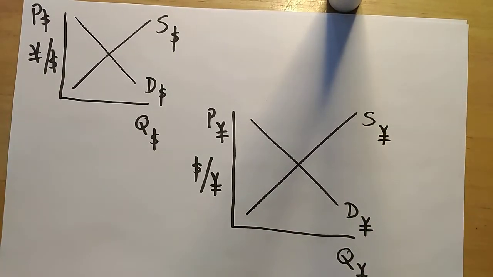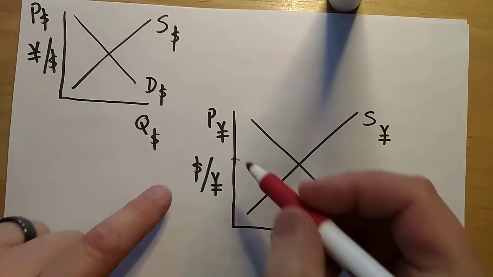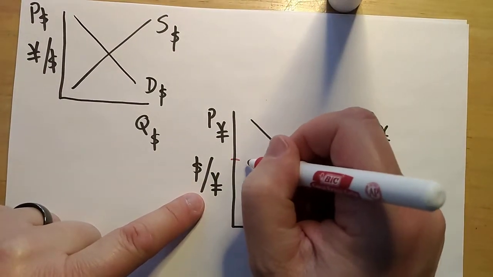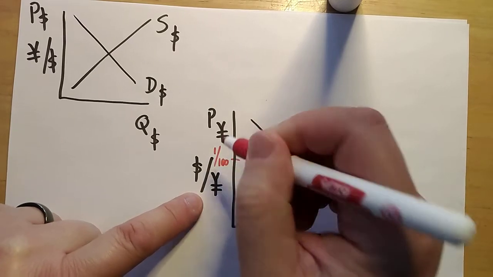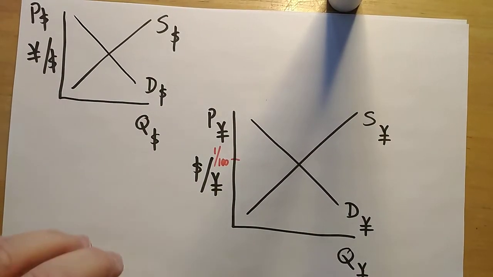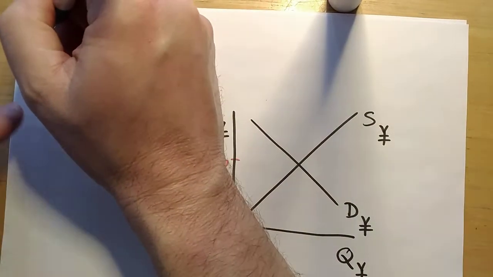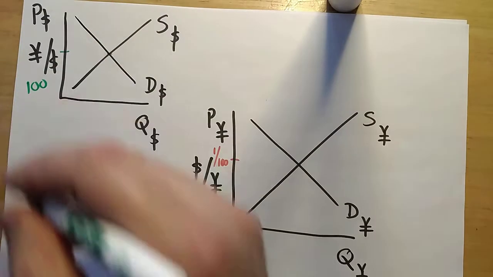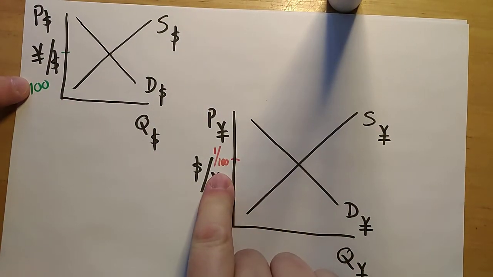And these things intersect and determine a price and a quantity right here. And this would be something like the 1 over 100 from the previous page. And then this one up here would be the one that was like 100 yen over $1. And again, those are reciprocals of each other. That's not intentional, it's the way that it has to be, the way that it's defined.